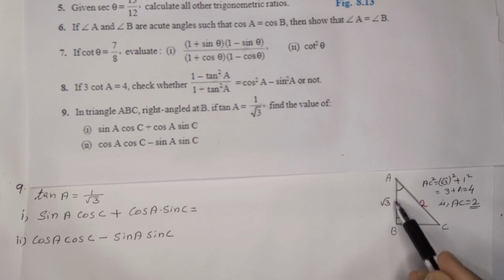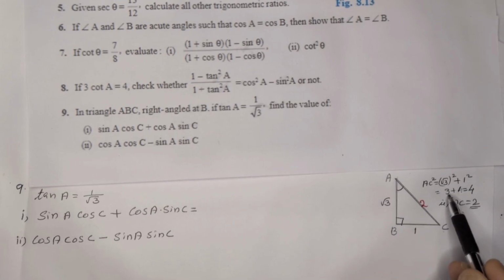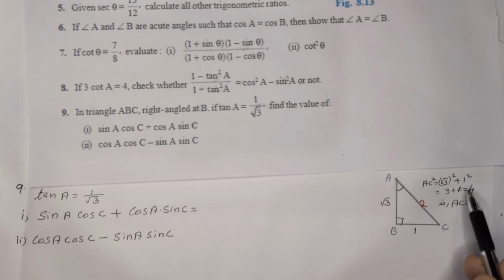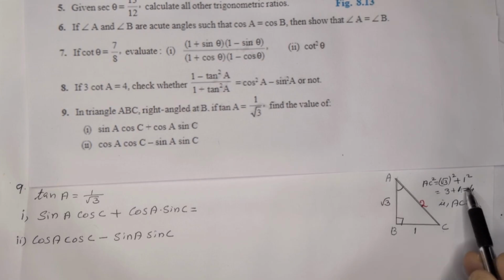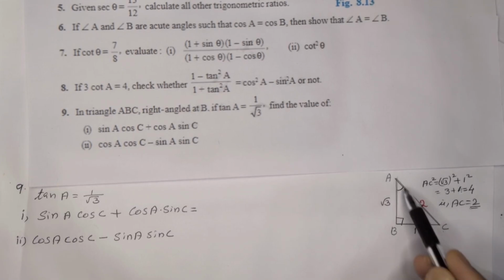Hypotenuse square is equal to altitude square plus base square, root 3 square plus 1 square. Root 3 square means 3, 1 square is 1. When we add 3 plus 1, it is equal to 4. That means AC square is 4, so AC is equal to root of 4 is equal to 2. So hypotenuse is 2. Now we got all three sides.